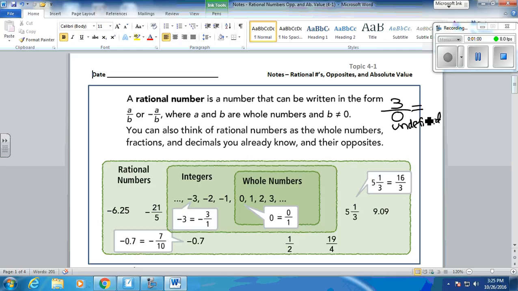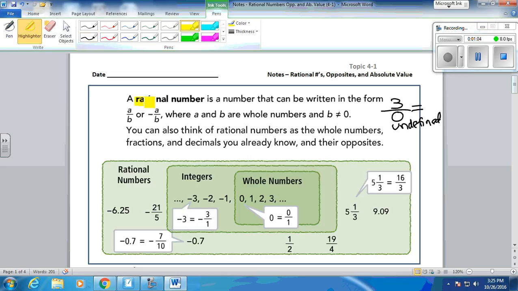So when I see the word rational, I see the word part ratio. And a ratio, again, is a comparison of two numbers, which is what they're showing me right here with a to b. And they're just trying to show that it can be positive or negative. So they say you can also think of the rational numbers as whole numbers, fractions, and decimals you already know, and their opposites.